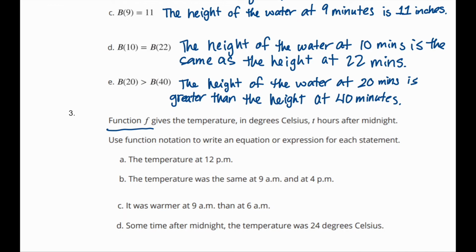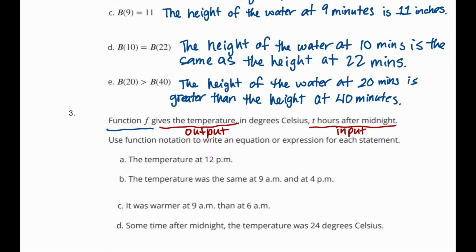And I guess I didn't talk about this part, but if it says gives, that means that's what it puts out, or the output. So this is going to be considered our output. If it gives the temperature, that is output. And that's measured in Celsius. And then our input is this one here.